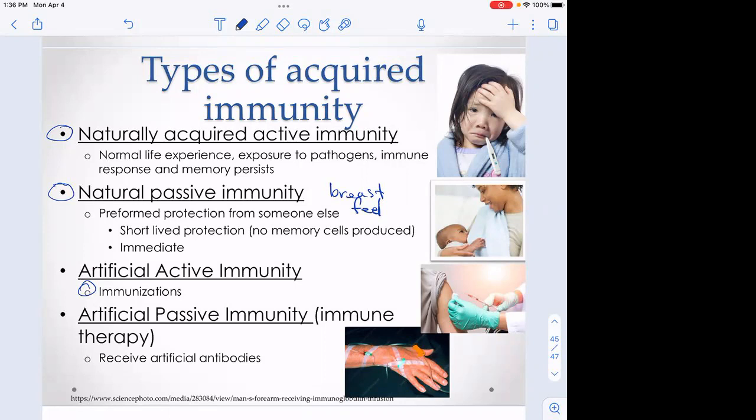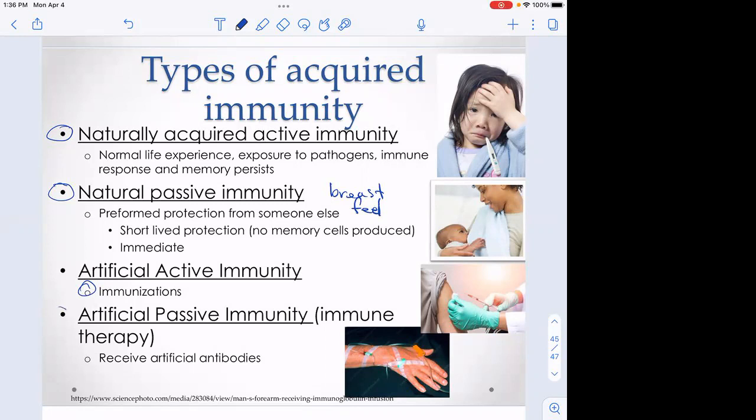And that's how we teach our B cells and T cells to make memory cells, so that the next time we get exposed to that particular pathogen, we have a head start on the immune response. So we already have some, very quickly start making antibodies and hopefully activate T cells as well. So we don't even know that we've been exposed.